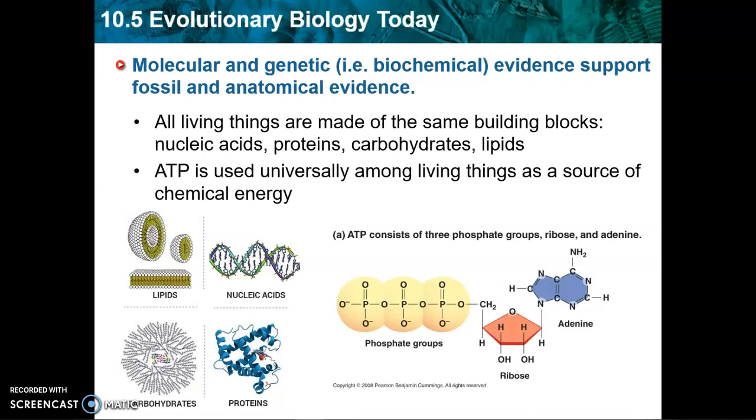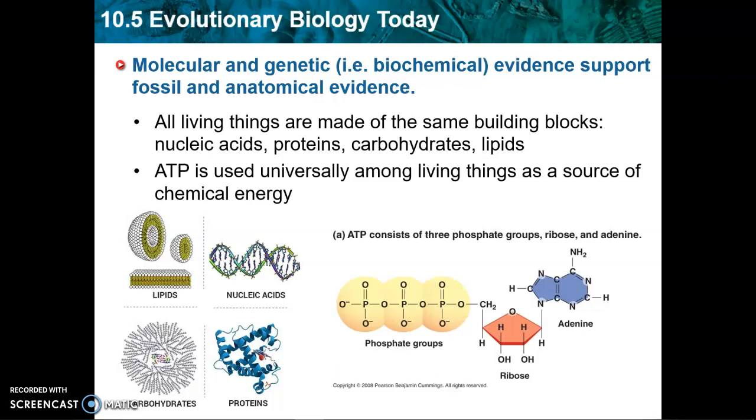All right, our next evidence is going to be molecular, to include genetic evidence. This is going to be some of the most compelling evidence that we have today to show how related things are. Some of the molecules that are critical for life are found in every single living thing: nucleic acids, proteins, carbohydrates, lipids. Every living thing has those four macromolecules. Well, what does that suggest?